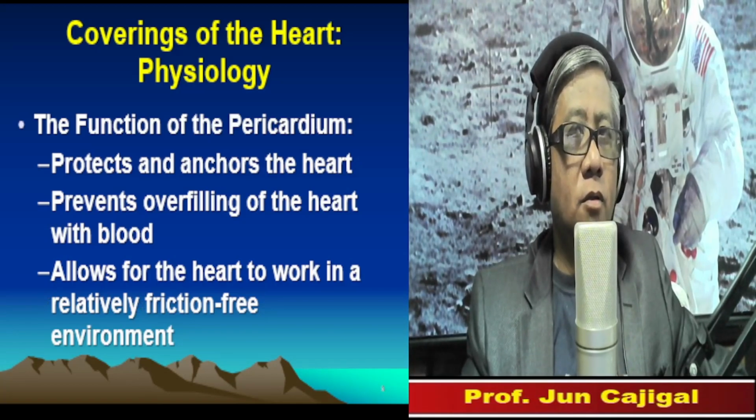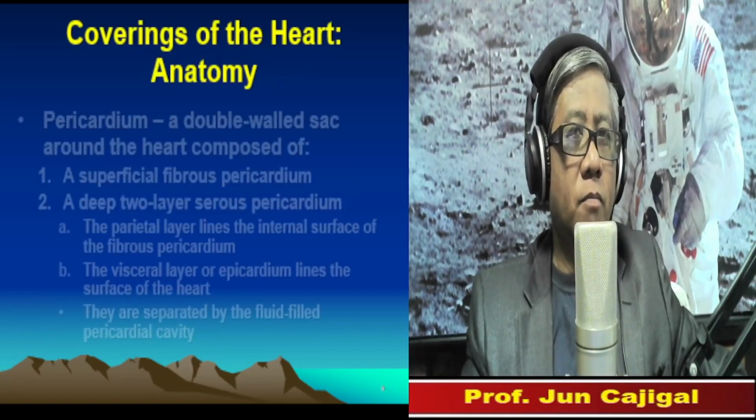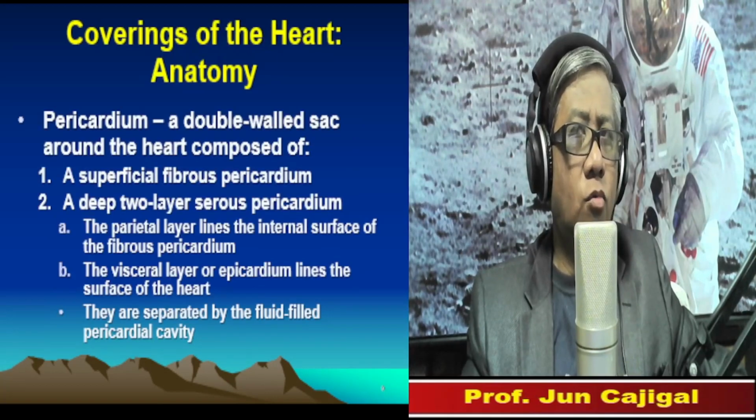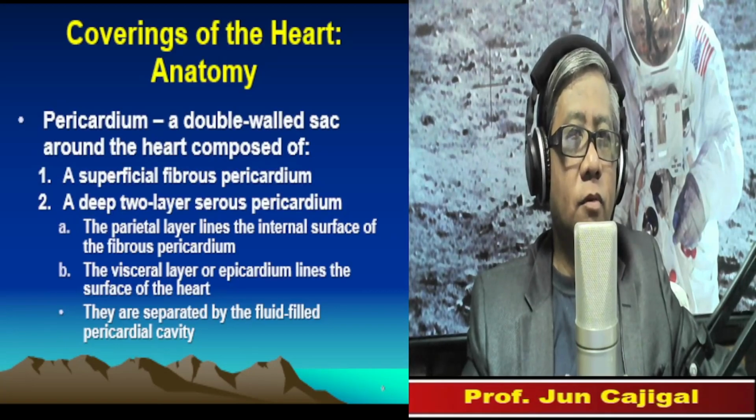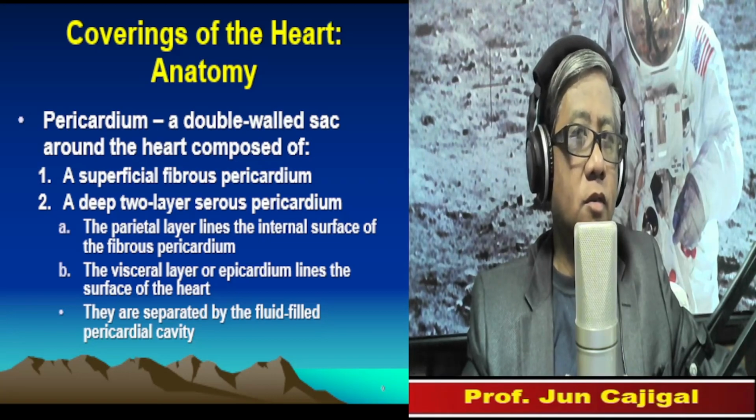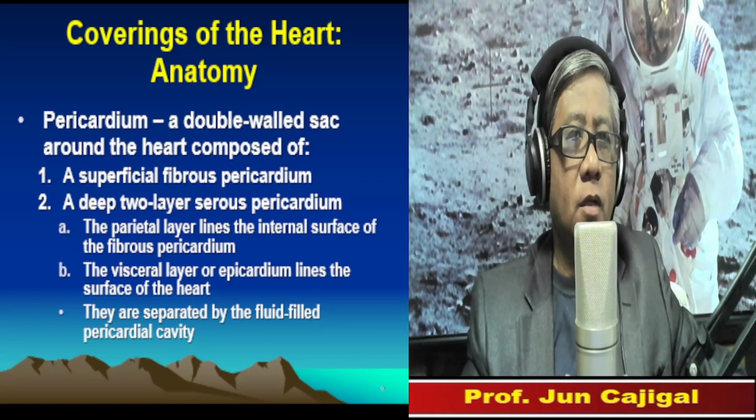So again, the pericardium is the membrane that covers the heart, and the pericardium is a double-walled sac composed of the following layers. So we have a superficial fibrous pericardium and a deep two-layer serous pericardium. Now, these two layers of the serous pericardium include the following.